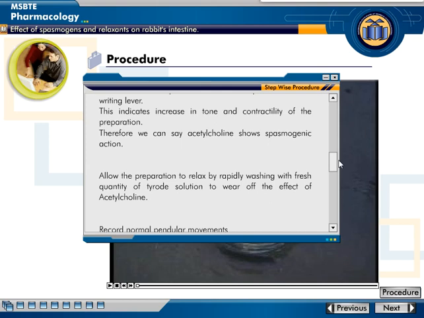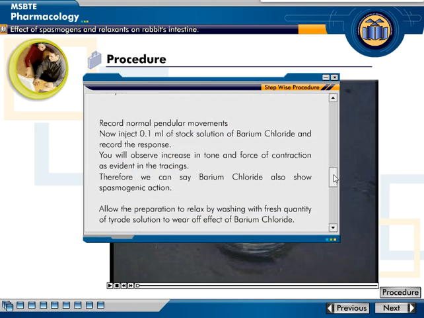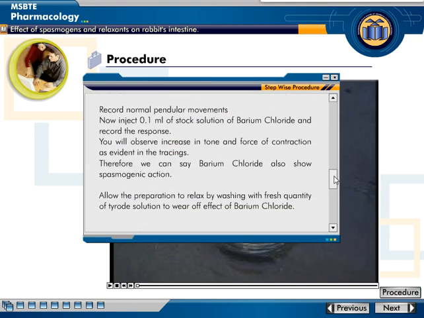After that, allow the preparation to relax by rapidly washing with fresh quantity of Tyrode solution to wear off the effect of acetylcholine. Now record the normal pendular movements.